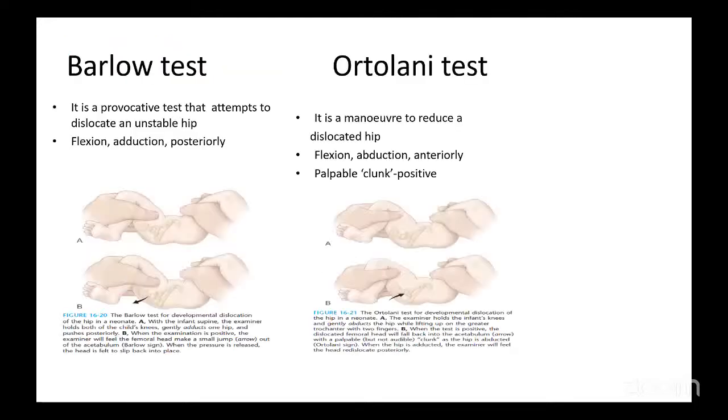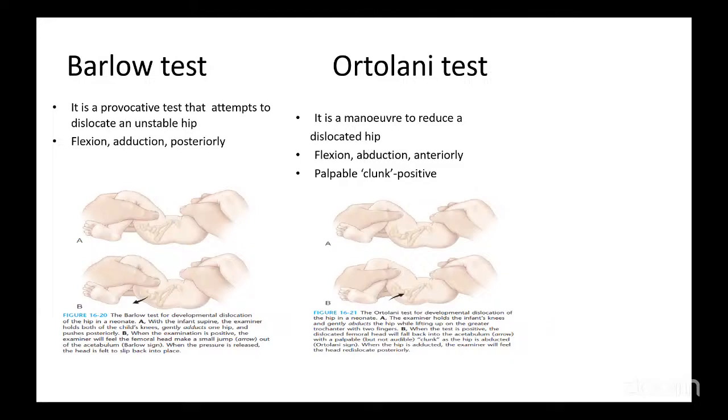So these two tests are commonly asked clinically: one is Barlow's and the other is Ortolani's test. Barlow's test is a provocative test. Ortolani's test is a maneuver to reduce.